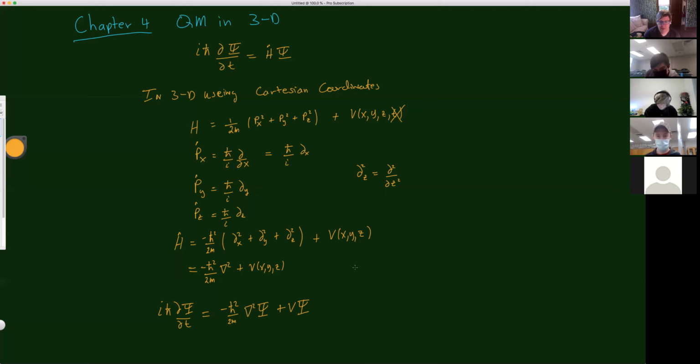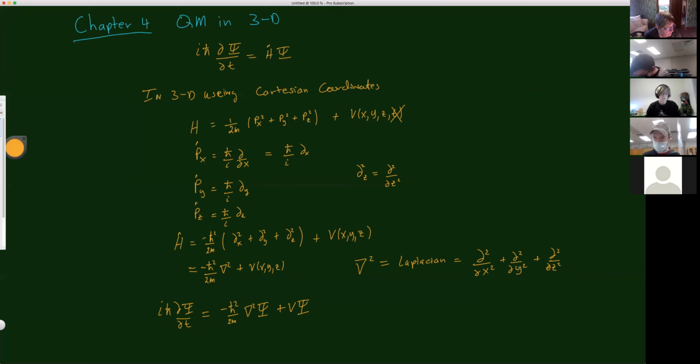And of course, remember that del squared is the Laplacian. I'll write it out here just to be really formal about it: d squared dx squared plus d squared dy squared plus d squared dz squared. That's the Laplacian, okay?